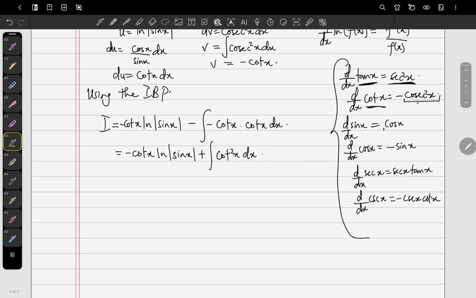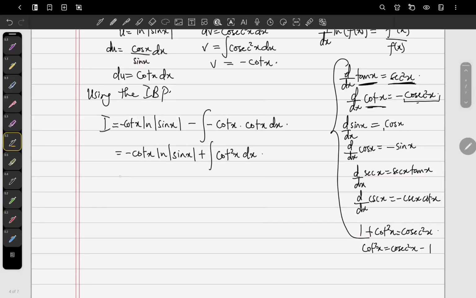That comes from the Pythagorean identity, the basic one: sine squared x plus cos squared x equals 1. If you divide through by sine squared x, you get 1 plus cot squared x equals cosec squared x. That tells us that cot squared x equals cosec squared x minus 1.